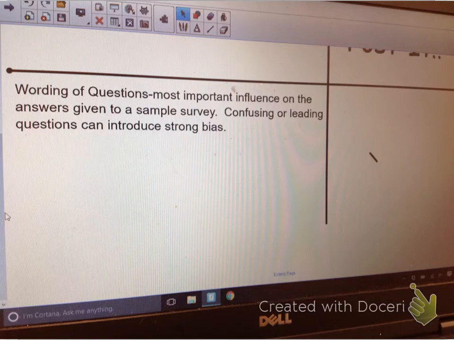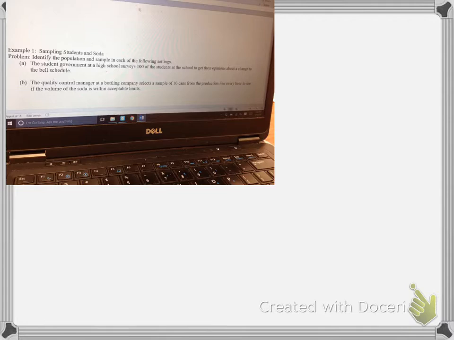Oh, well, you kind of get frazzled. Sometimes they lead you to answer a certain way. Poorly worded questions are very, very vital. You do not want them. Let me back up. Poorly worded questions really can influence the way a survey goes. So you want them written the right way so we get accurate results that represent the population.